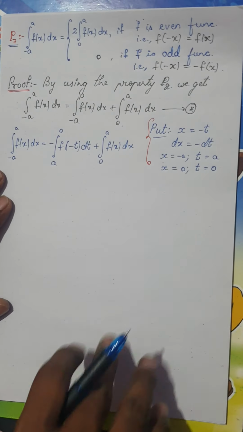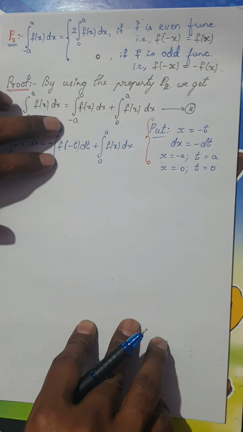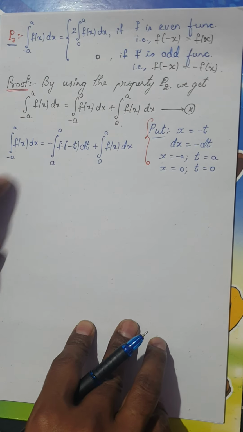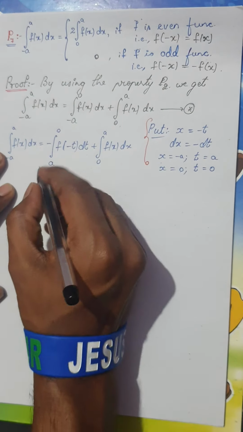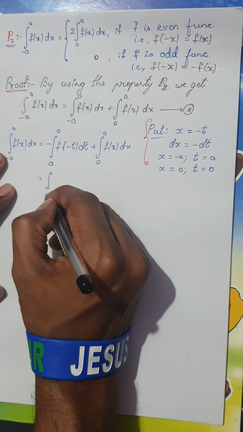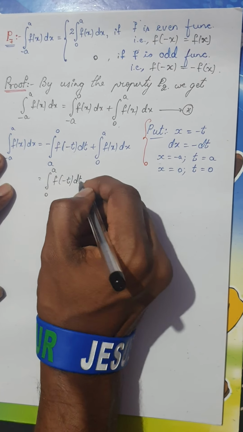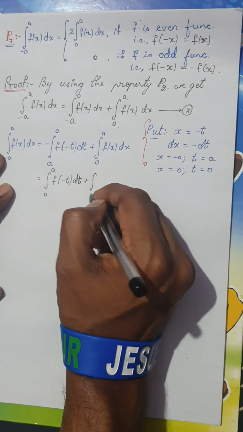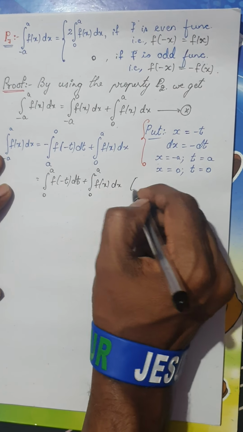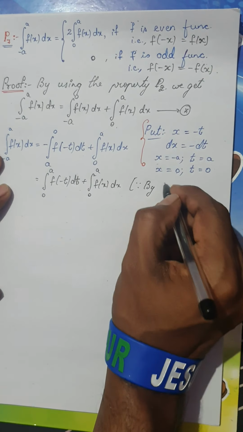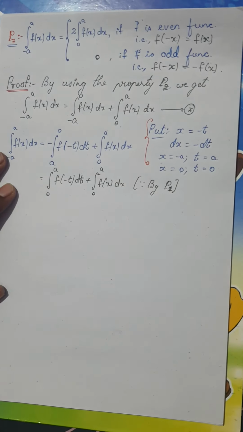Now by using the property P1, if I exchange the limits, then the sign of the integral changes. So the integral from a to 0 becomes the integral from 0 to a of f of minus t dt, plus the integral from 0 to a of f of x dx. We have used P1.